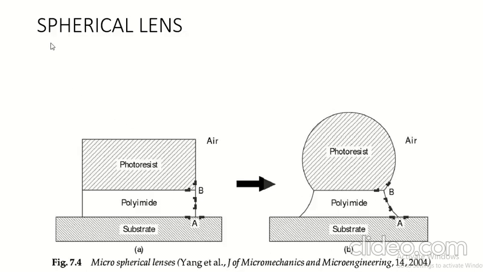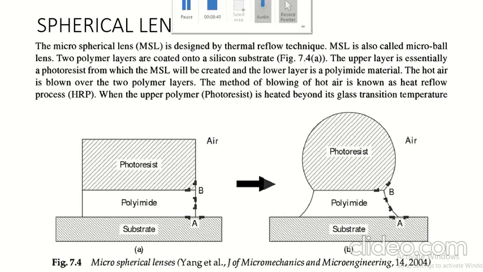Now coming to the spherical lens, the microspherical lens is designed by a thermal reflow technique. This microspherical lens is also called microball lens. Two polymer layers are coated on a silicon substrate as shown in this figure number A. There is a substrate and a polyimide and a photoresist.